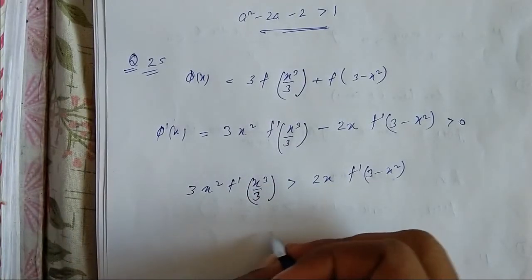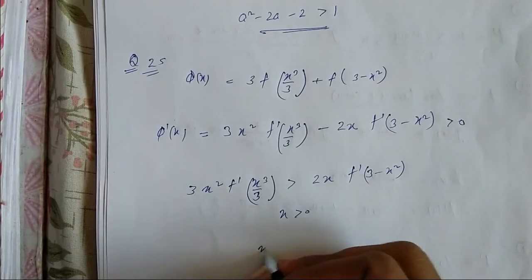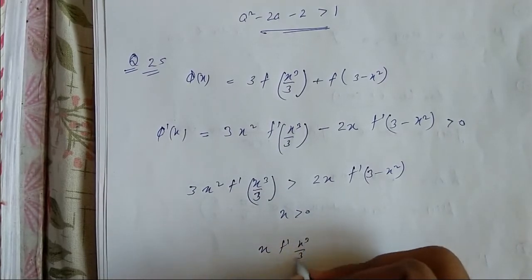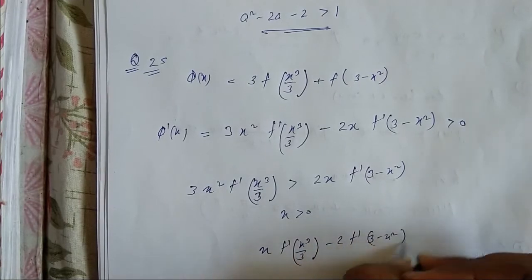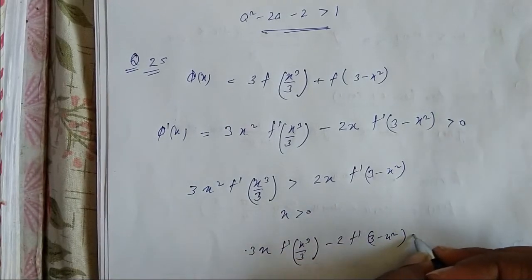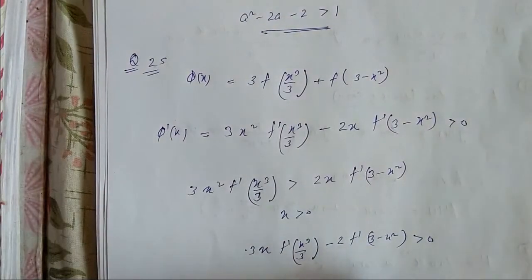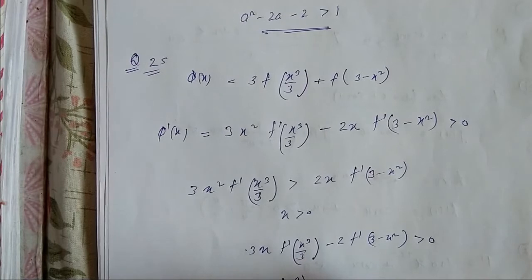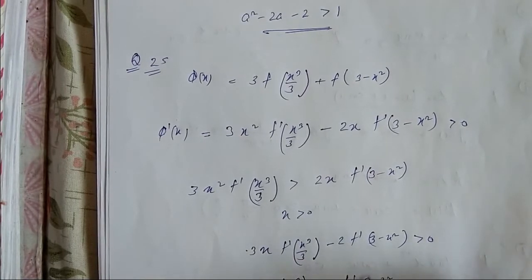So for x greater than 0, this is greater than 0, hence f dash x cubed by 3 is greater than f dash 3 minus x square upon 3.